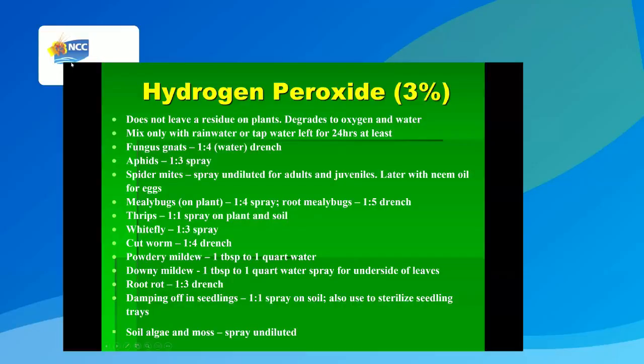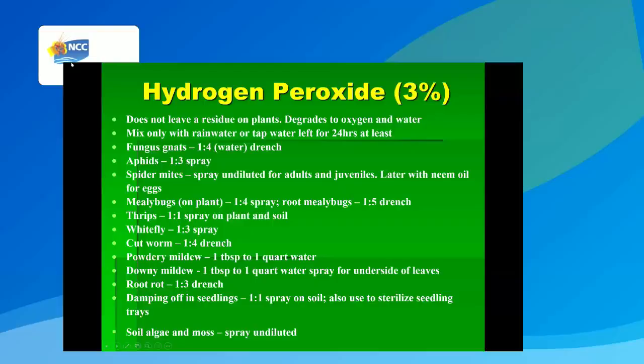Spider mites, you spray the undiluted peroxide against the adults and younger ones. Mealybugs, a 1-to-4 ratio. You spray on the plant to control them. You can also use it as a drench on the soil to control things like root mealybugs.